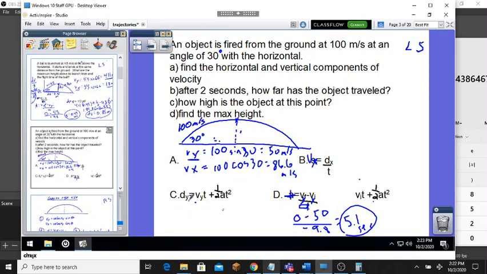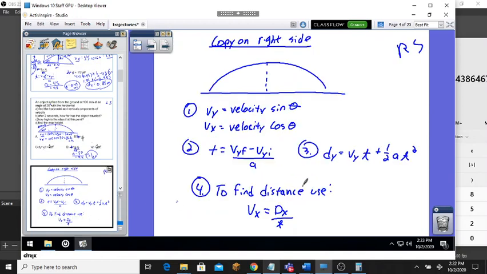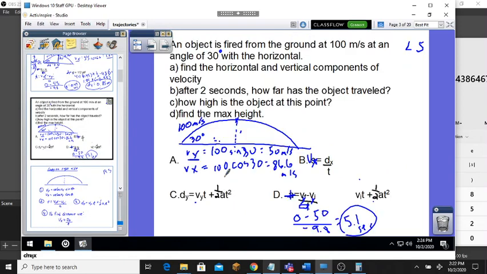So now let's do this part. If we look at the notes, it should say dy equals vy t plus one half a t squared. Yeah, that's right, so I have this right. So this vy, where do I get that vy? From right here. If it says vy, that's why all this labeling is very important, because it'll tell you where everything goes.